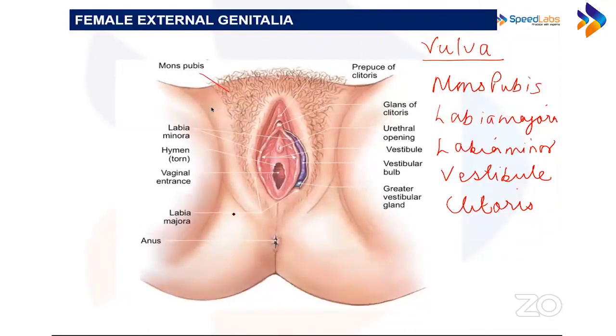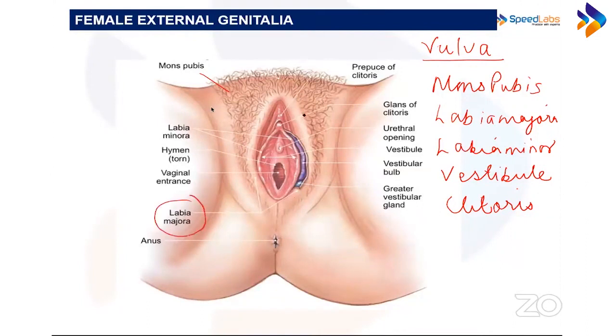Just locate the labia majora. You can see the bigger two longitudinal folds on the outer side, externally, located after the mons pubis. So this is the labia majora.